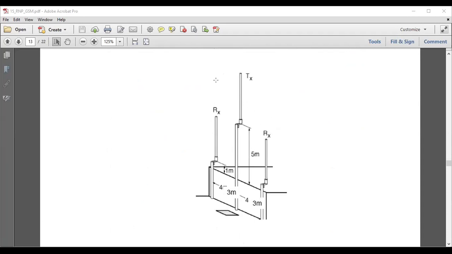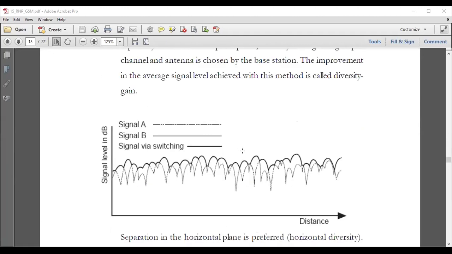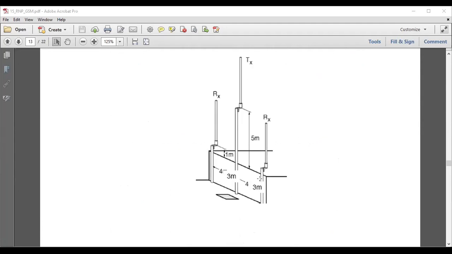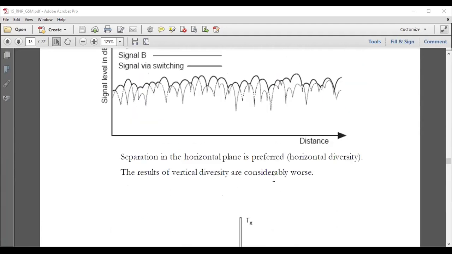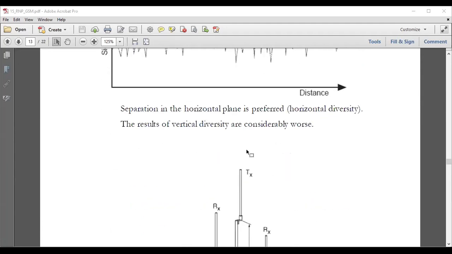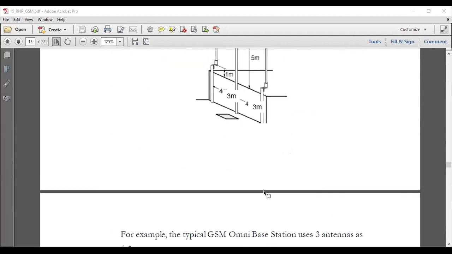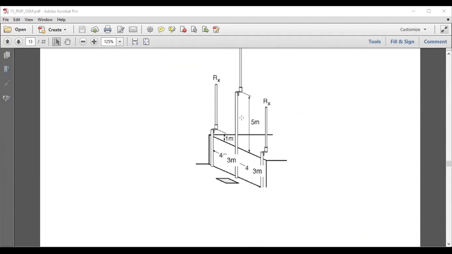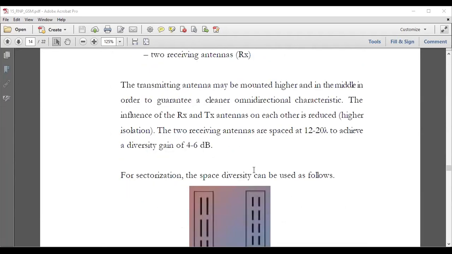But you won't see this configuration now. This one I used here just to explain. Nowadays these configurations are not used.